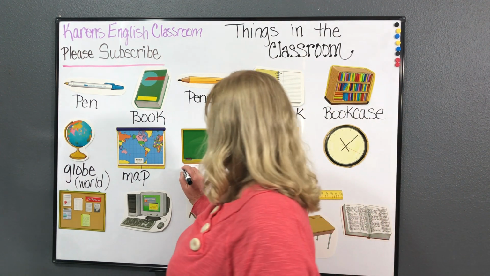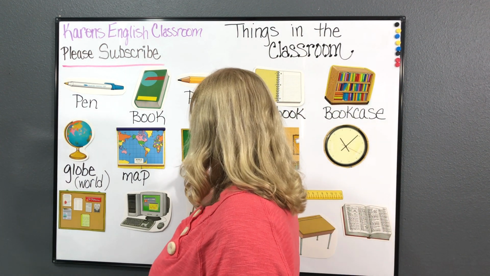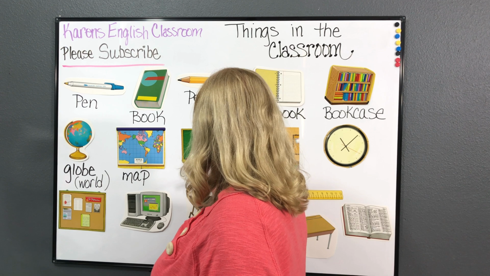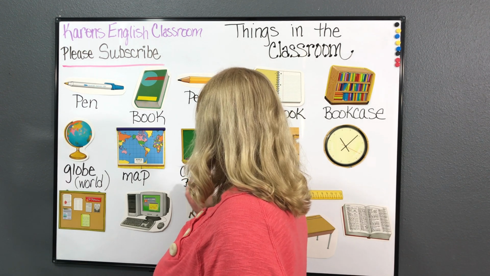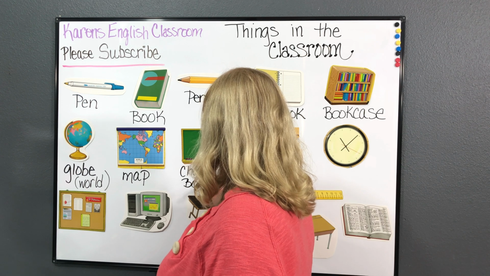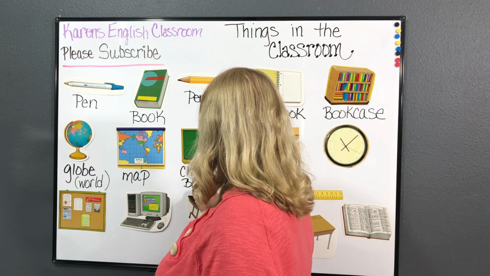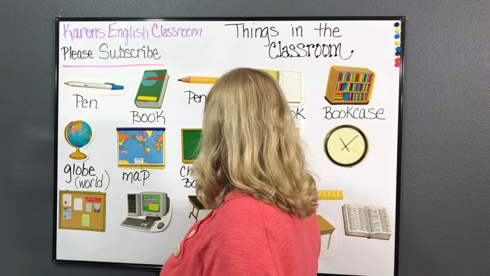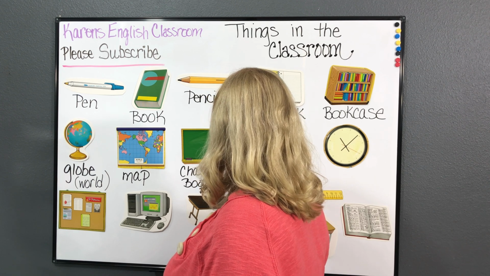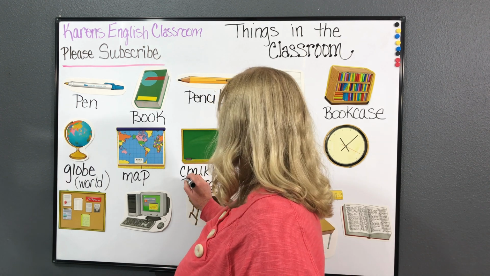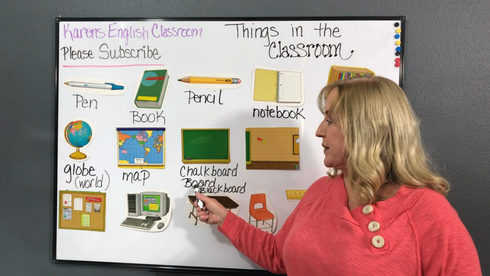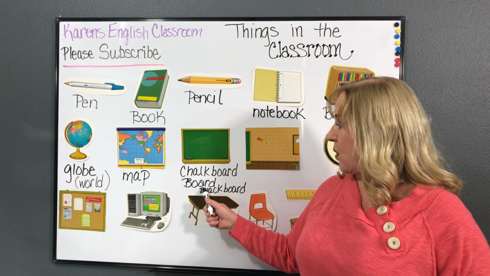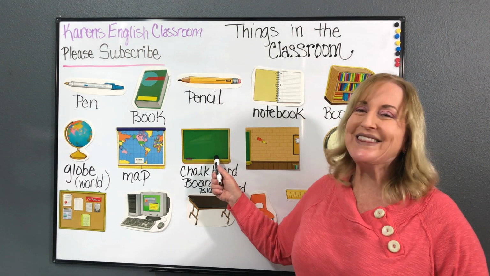The next one has different names. Some people say chalkboard. Some people say board. In the past, there used to be a black one, so we would say blackboard. This one is not black.